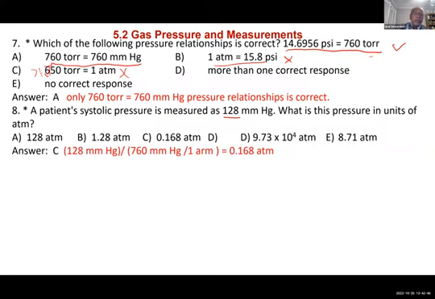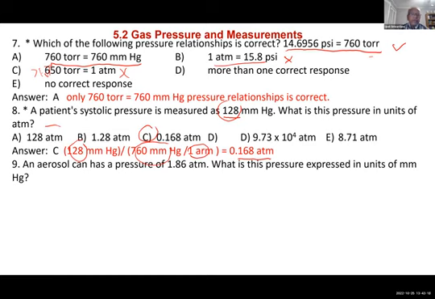So you have to convert 128 millimeters of mercury with the conversion factor. 1 atmosphere is equal to 760, therefore it's a division by 760. 128 divided by 760, you get the answer. The answer is C, as shown up here. So you can calculate different pressure units using conversion factors.